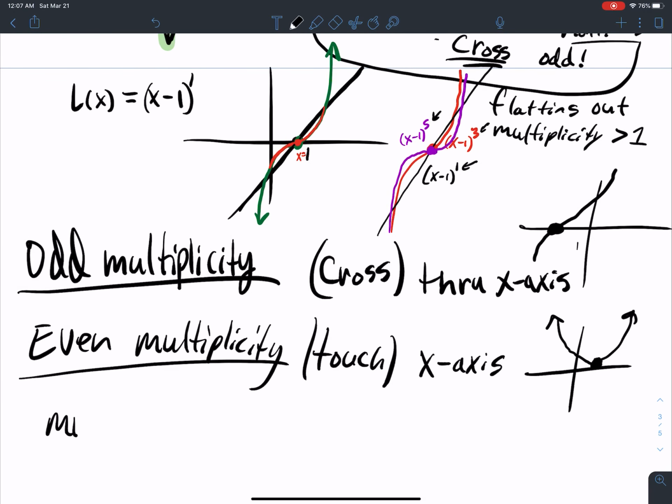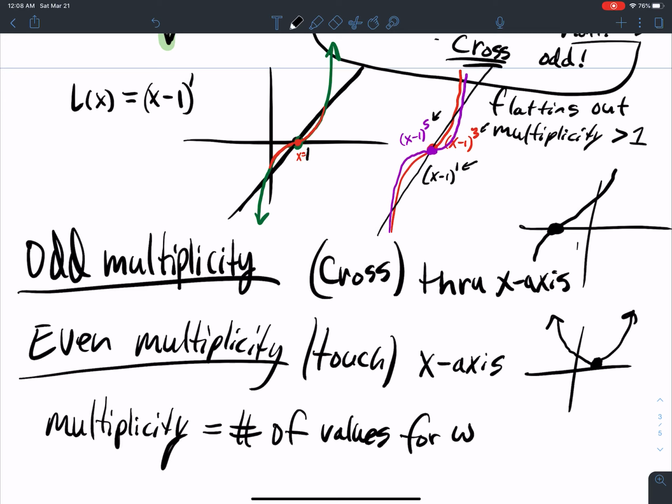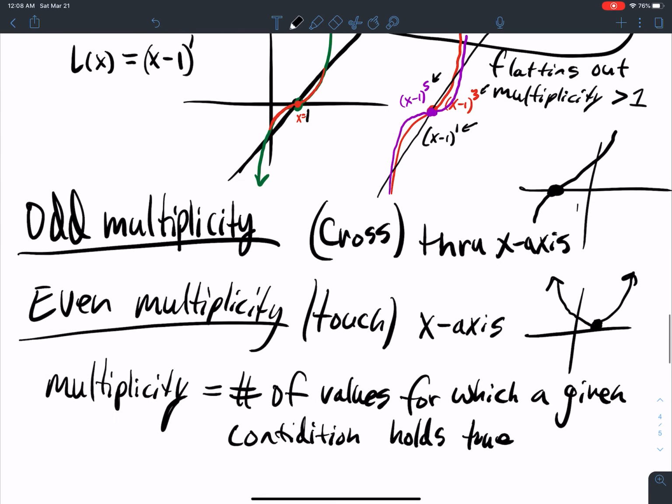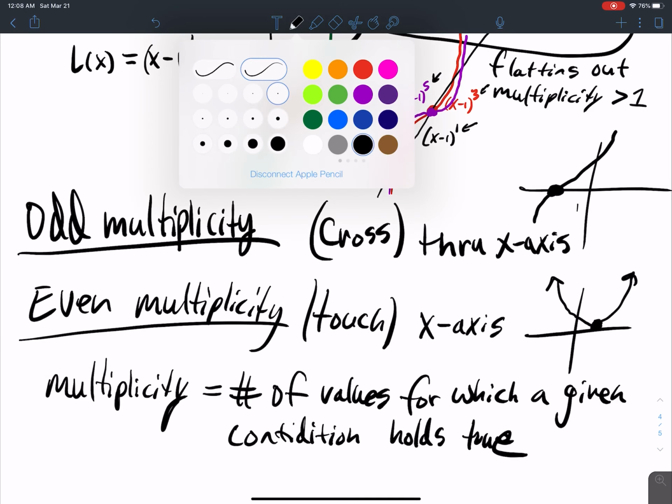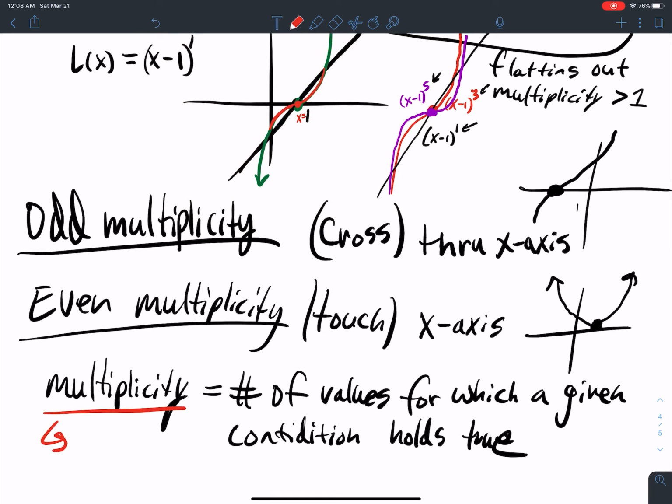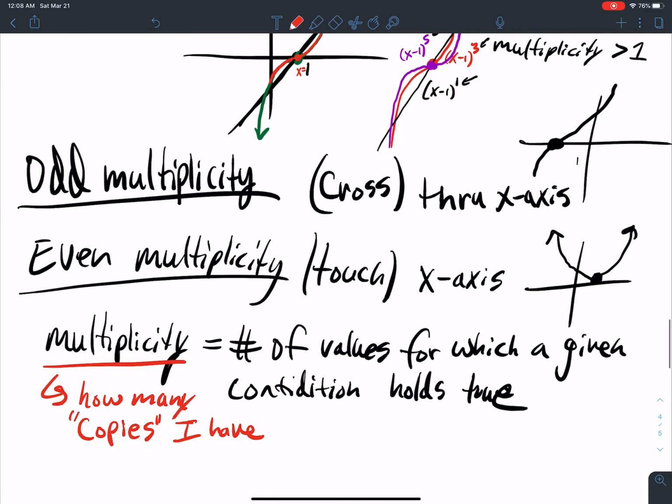Now the multiplicity, I think of it as how many copies I have of some factor.